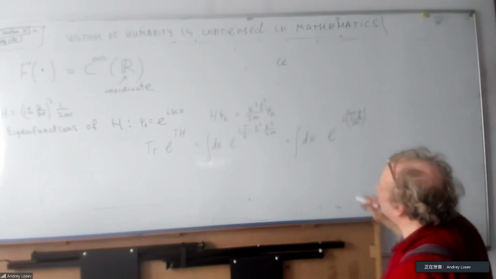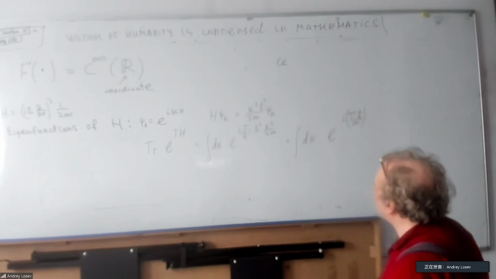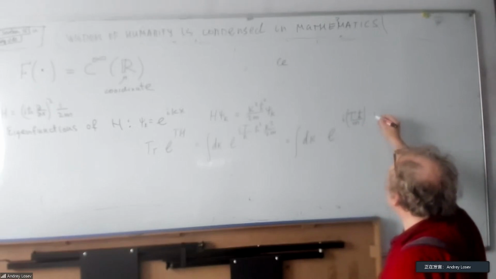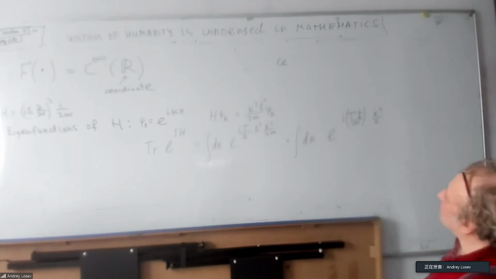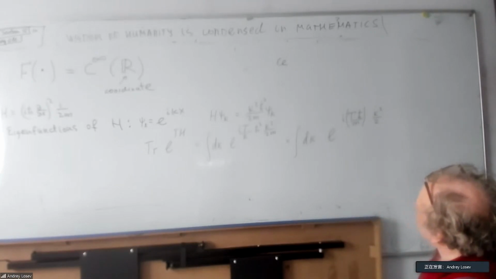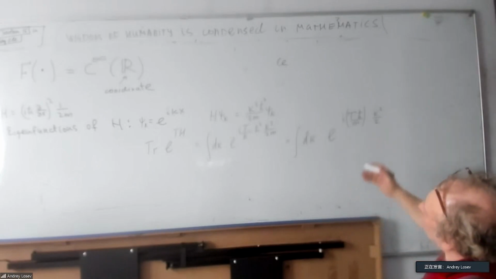So this was the combination that we used to have. And here we have k squared over 2. So the question is, can we compute such an integral? Yes, this integral is perfectly convergent.